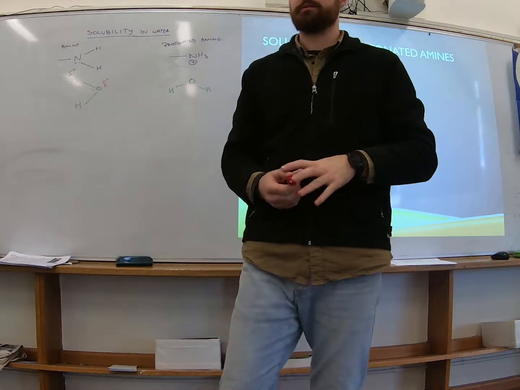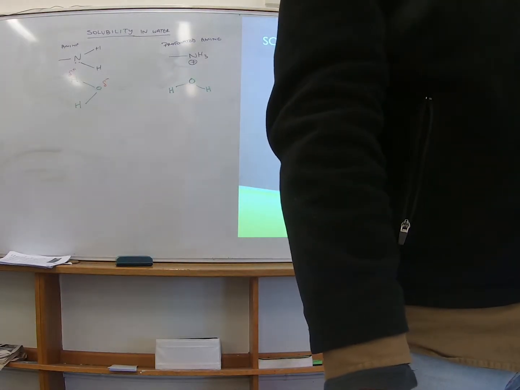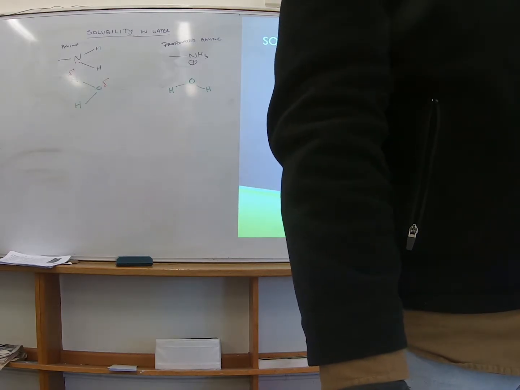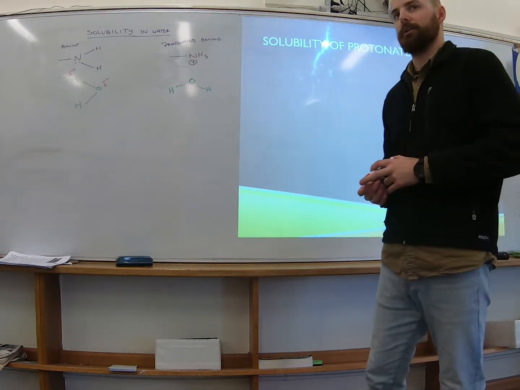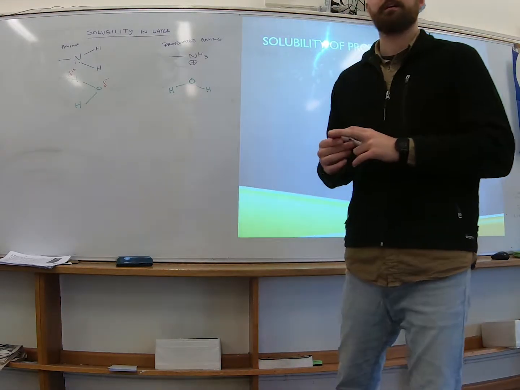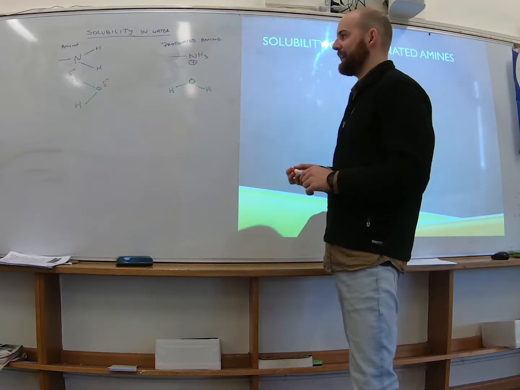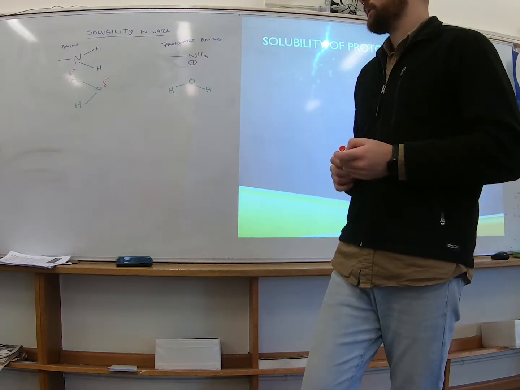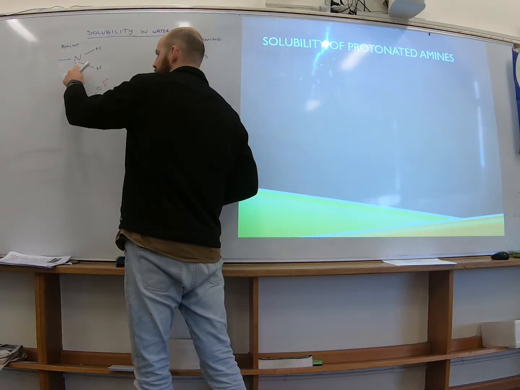NH bond. Is there a difference in electronegativity between N and H? No. So N and H, we're in a similar territory here. What kind of bonding do you think we can get between there and there?